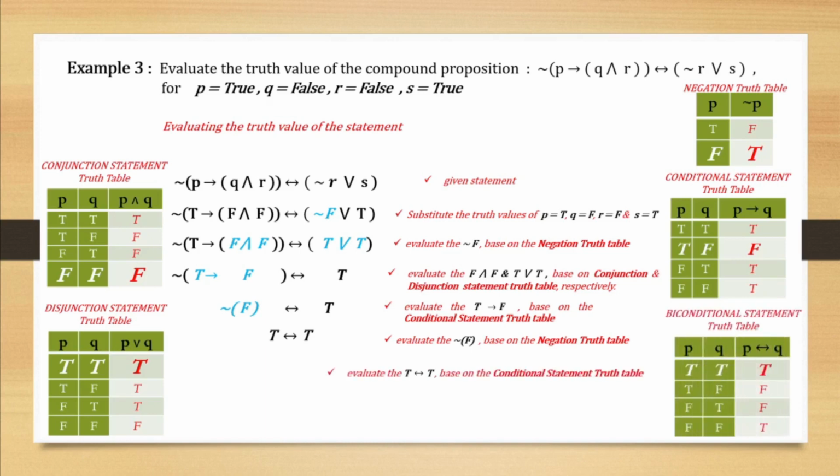Then we can say, using the biconditional statement truth table, when P is true and Q is true, the biconditional statement of P and Q is true. Then we can say the negation of the quantity P implies the quantity of Q and R if and only if the quantity negation R or S is a true statement.